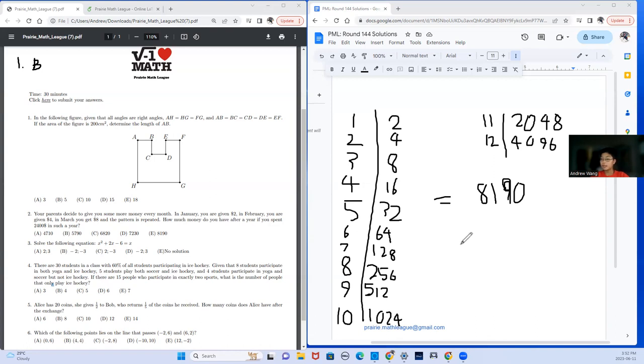The amount of money she spent is $2,400. So we subtract 2,400 from her total amount and we get 5,790. So therefore, the answer for number 2 is B.